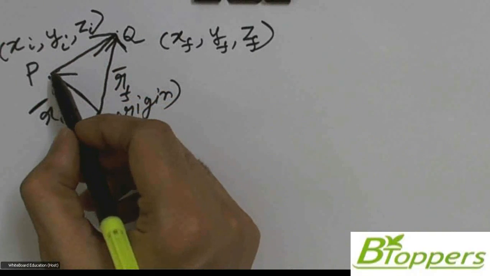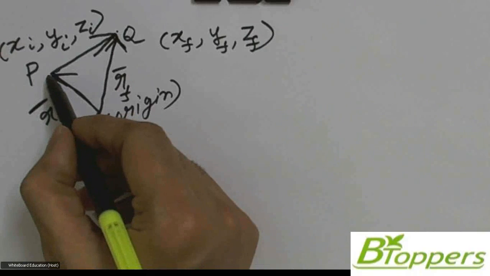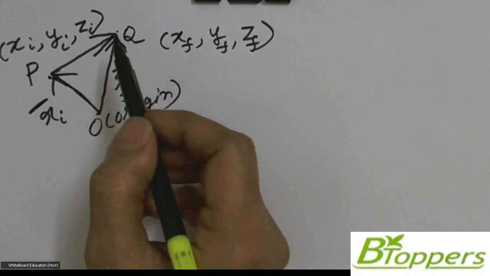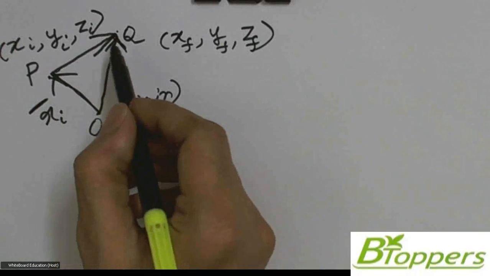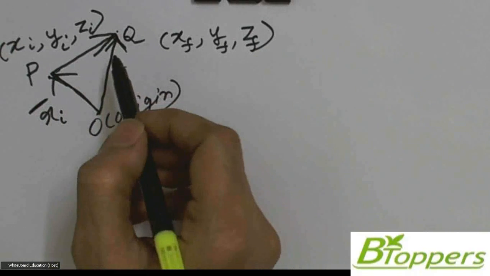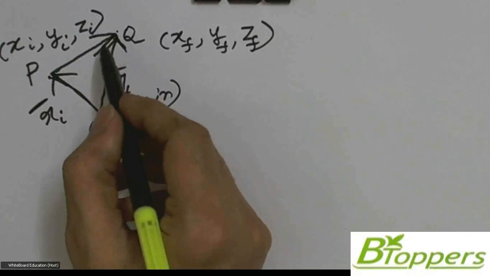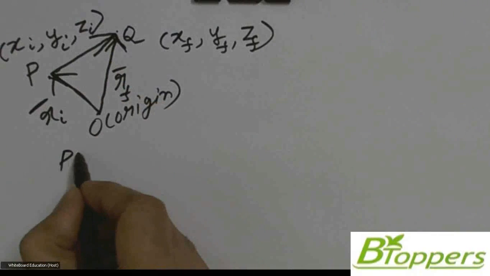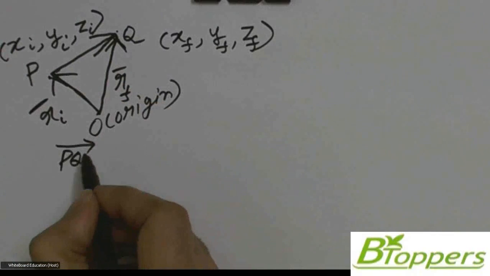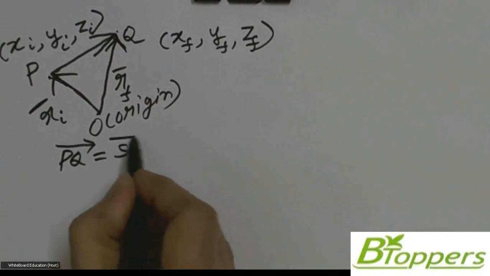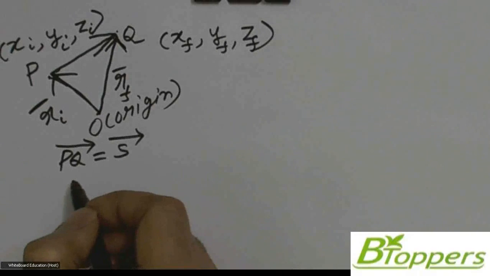The direction of the displacement will be along the straight line PQ from initial position P toward the final position Q. That means here PQ bar represents the displacement of the particle, which can be denoted by S bar.